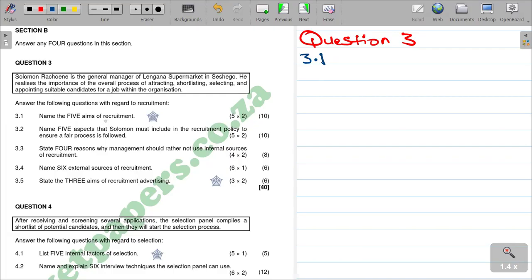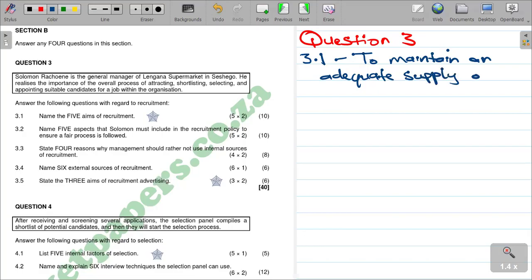So, to maintain an adequate supply of labor, of employees.